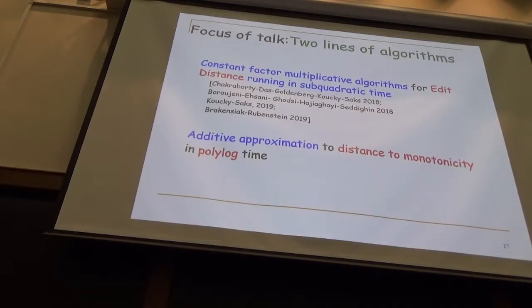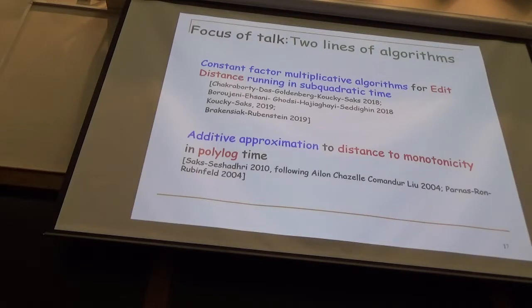It's just going to somehow sample the input and still make a good prediction as to how many elements you need to delete. Good, so let me move on. So I'm actually going to discuss these in reverse order of what I just said.